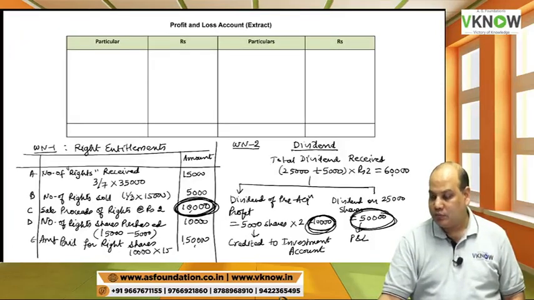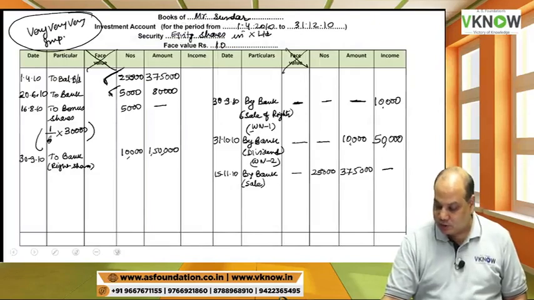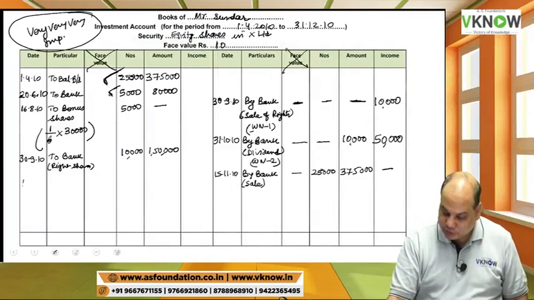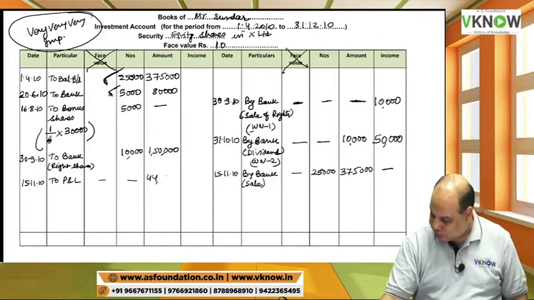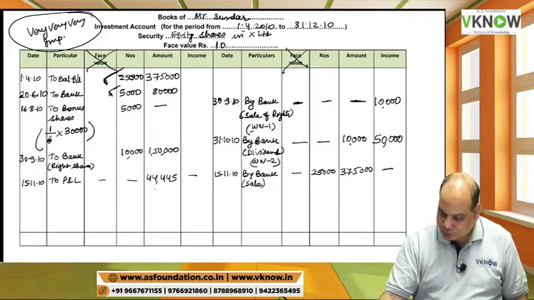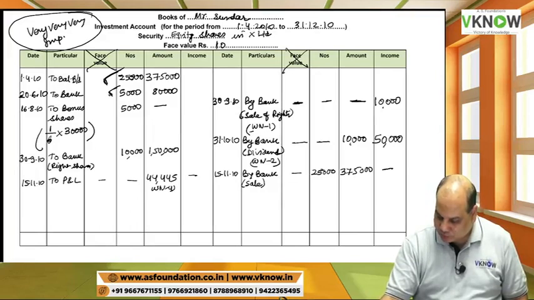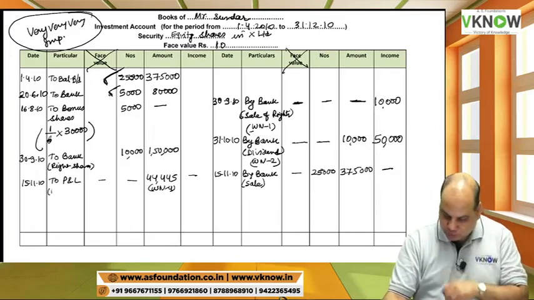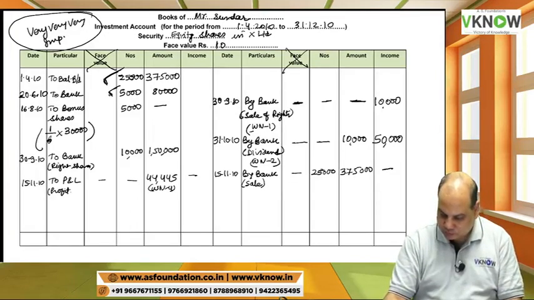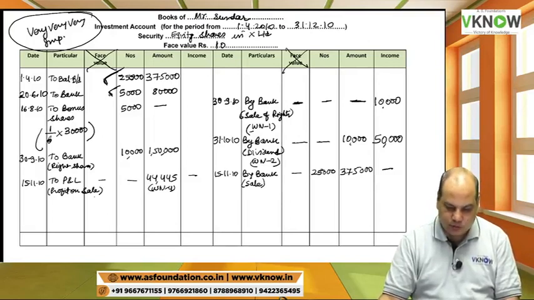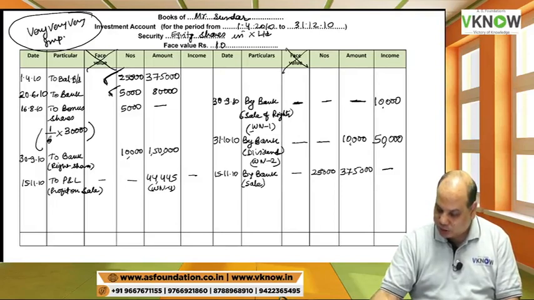Yes or no? So on the debit side, same date, same line, 15 November 10, to P&L account 44,445. This is working note 4, profit on sale.